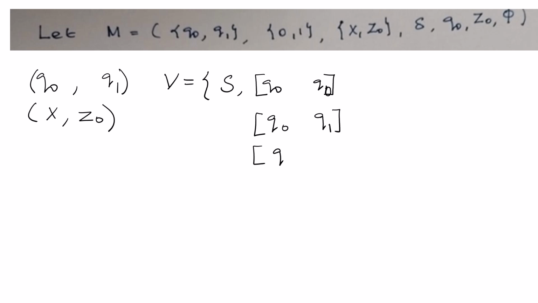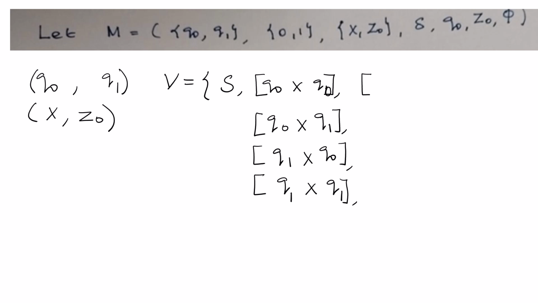Similarly, Q1, Q0, and then Q1, Q1. This can be taken for the variable X. That is, we now have the variables Q0 X Q0, Q0 X Q1, Q1 X Q0, and Q1 X Q1. So all these form variables in the grammar.